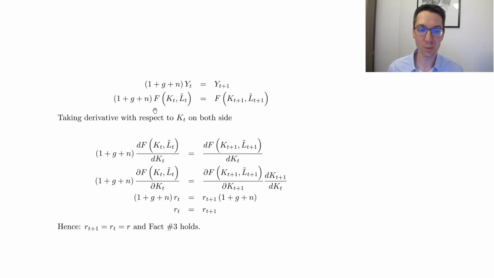So all its inputs grow at the same rate, and then we really see that even from one period to the next, the marginal productivity of capital always remains the same in real terms. So Kaldor fact number 3 holds. So it's looking good for the Solow-Swan model.